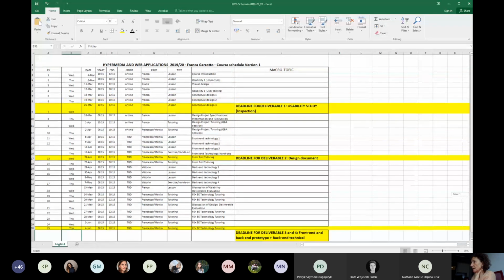We will discuss again next week. Next week will be devoted to conceptual design. We will have conceptual design for 3 lessons. Then we will get into more detail about the project specification, what you really have to produce in the design documentation, which can be understood only after you know the language of conceptual design. Then there will be some sessions of tutoring, and then more or less technology will start approximately the 8th of April.